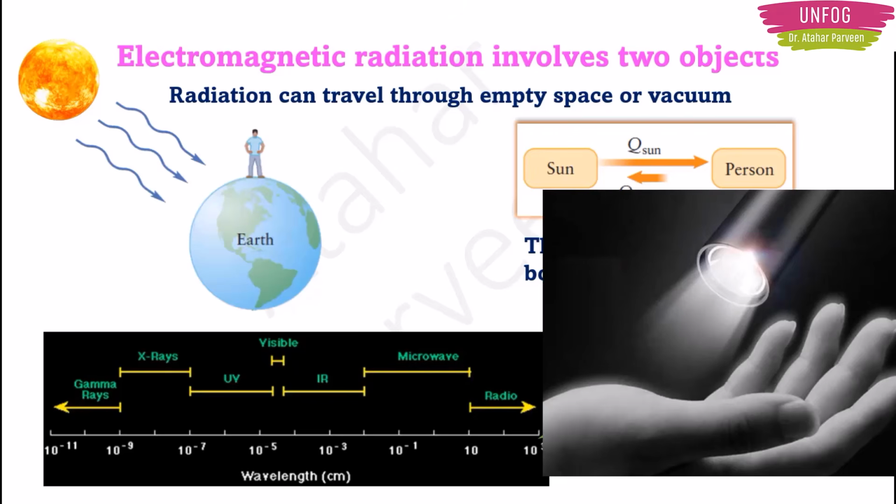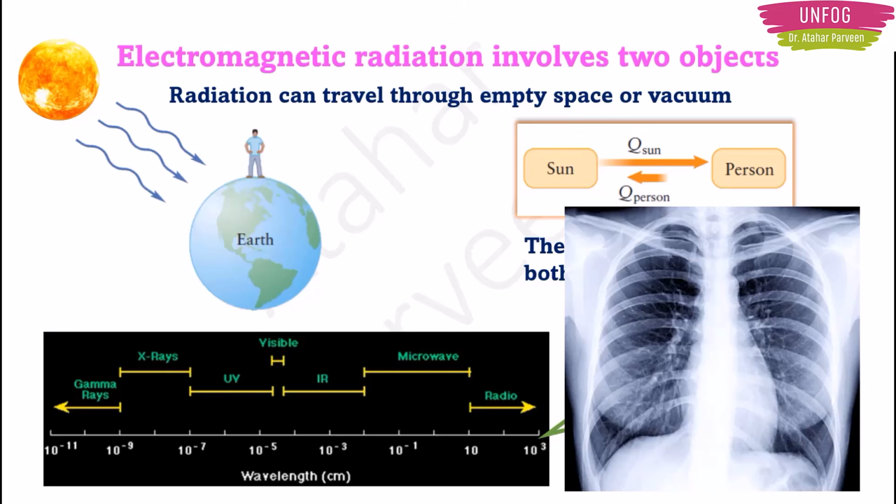No. Can you see the picture inside the body with that light? No. This can happen with X-rays. If you allow X-rays to pass through a body, then you can see whatever is there inside. The inside bones and all those things you can see. That is because X-rays have more energy when compared to other radiations.